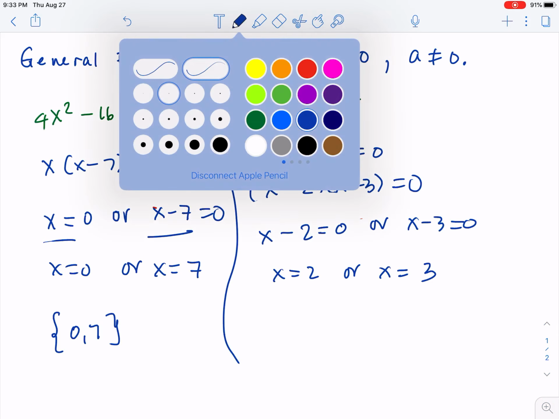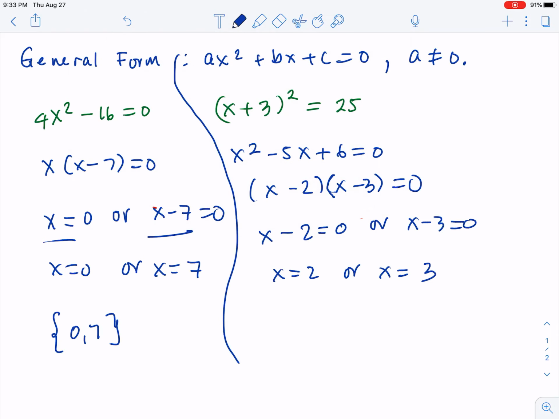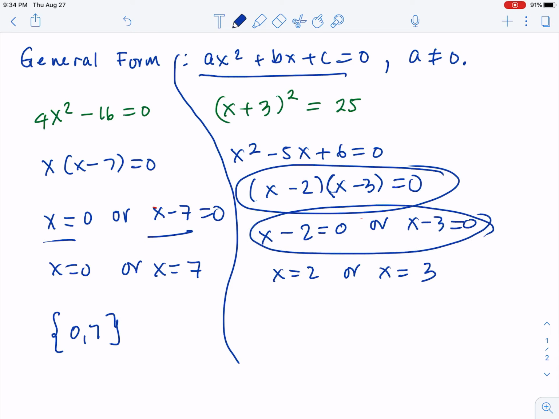Ano ibig sabihin nun? Ibig sabihin, para ma-solve natin yung values ng x sa quadratic equation, una, gawin muna natin siyang general form. Pangalawa, we factor. So, dapat aralin niyo yung factoring. Ang pangatlo, equate both factors to 0 and find the values of x. Or kung ano man yung letter na ginagamit, kasi hindi naman palaging x.